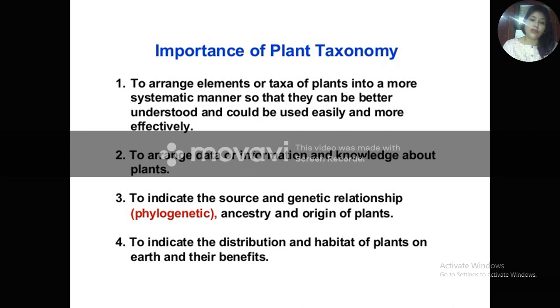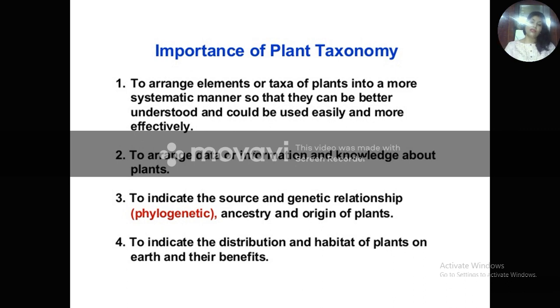Hence, it's very important that plant taxonomy, the tool, helps us in arranging the elements of the plants in a more systematic manner so that the plants are better understood and can be easily identified and used in future. And while doing so, plant taxonomy creates a database of knowledge on plants. It also follows a thumb rule that it starts with the most primitive plants and moves towards the most advanced plants.